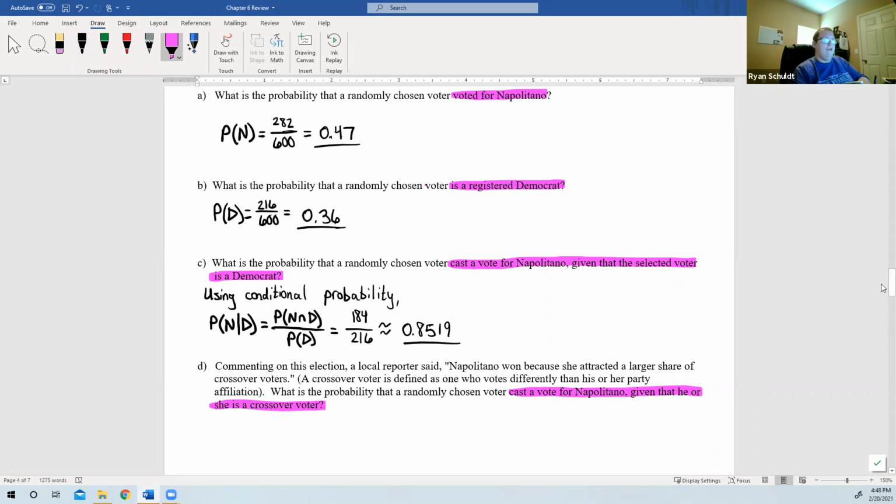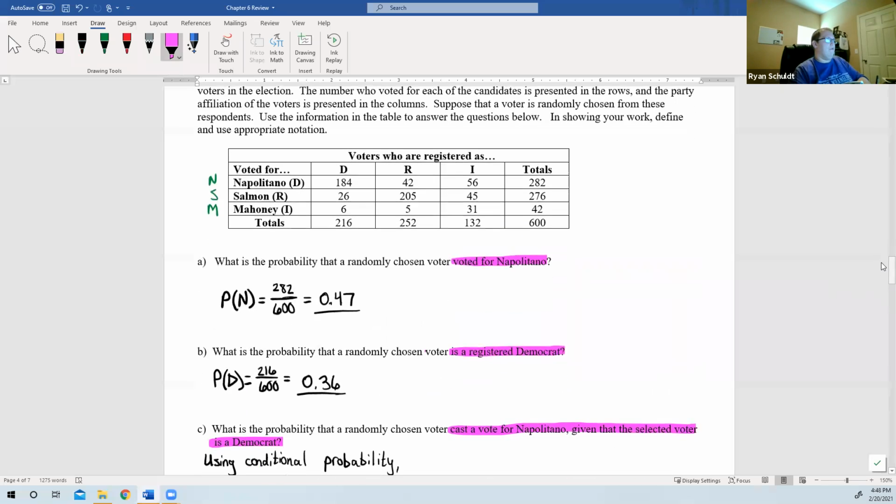Okay, well, let's look at crossovers. The crossovers are going to be the ones that are on the off diagonal. So Democrat voting for a Republican, Democrat voting for an independent, Republican voting for a Democrat, Republican voting for an independent, independent voting for either Democrat or Republican. Those are your crossovers.